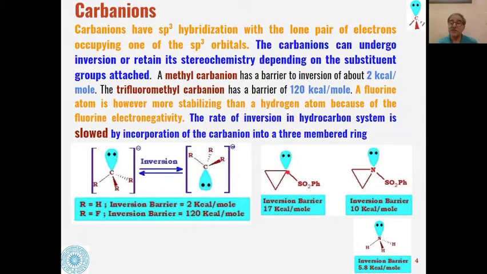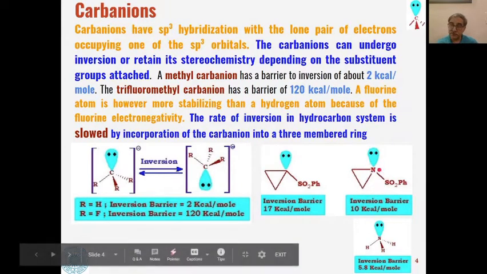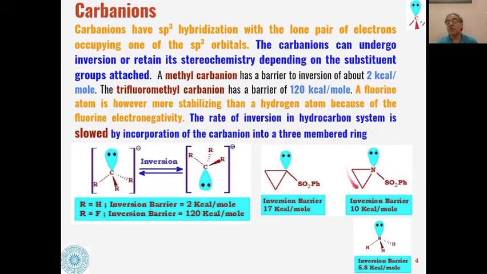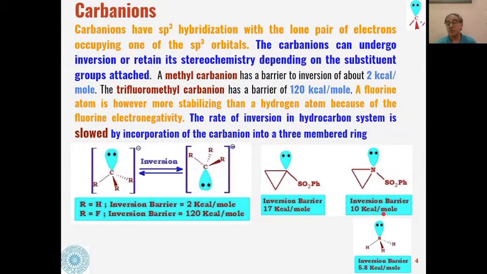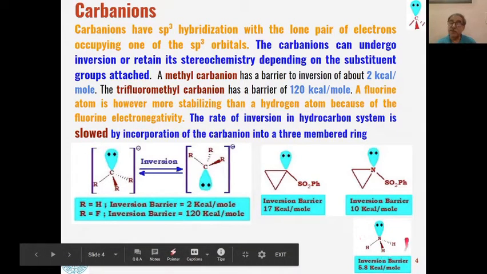Similarly, if I replace one of the carbons by nitrogen, that is the aziridine molecule, having a lone pair of electrons on the nitrogen atom, then the inversion barrier is 10 kilocalories per mole. And if you compare this with ammonia, ammonia has only 5.8 kilocalories per mole of energy required for inversion of the configuration.